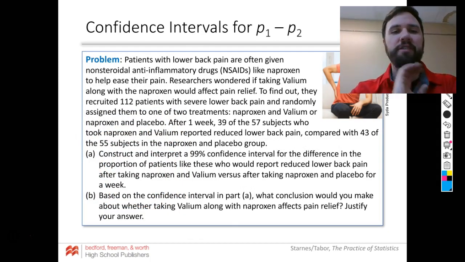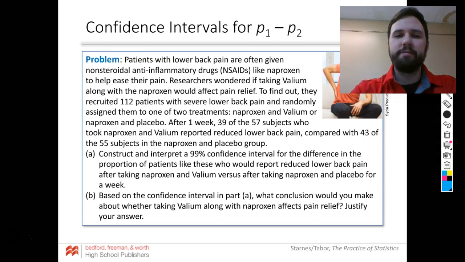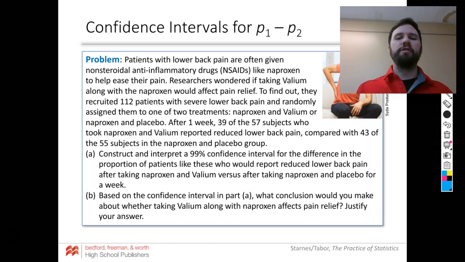All right, so patients are usually given NSAIDs, aka non-steroidal anti-inflammatory drugs like ibuprofen, to help with pain relief. They got 112 patients with back pain and assigned one group naproxen and Valium, and the other one naproxen and placebo.